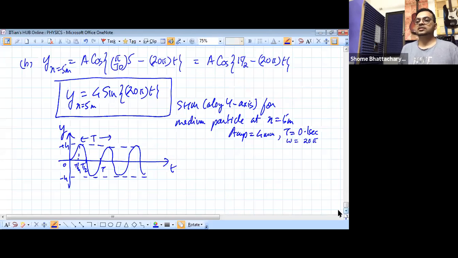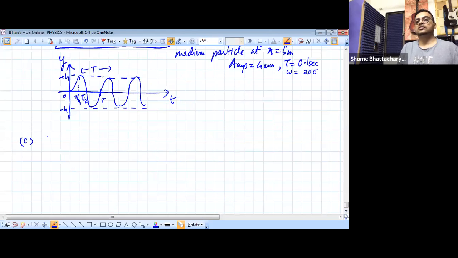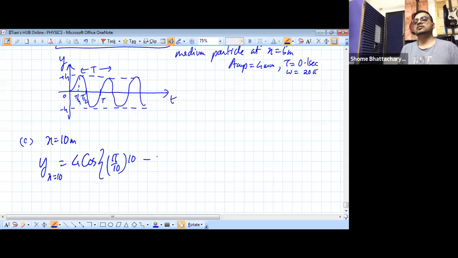Okay. And similarly, if you were to look at the position at x equal to 10 meters, it will become 4 cos of pi by 10, that is k, times x, which is 10, minus omega t. So it will become minus A cos omega t, right?